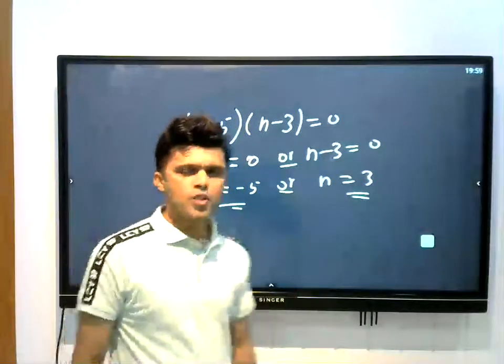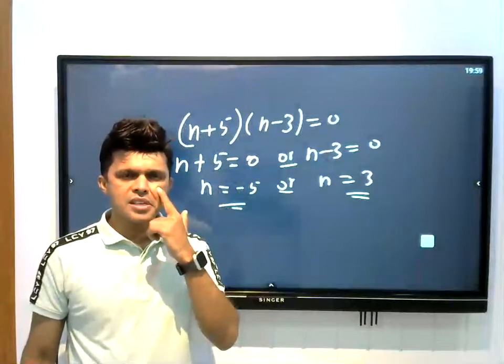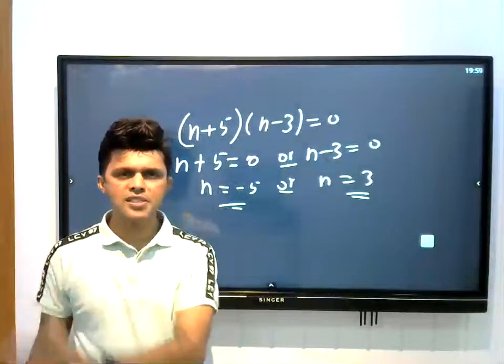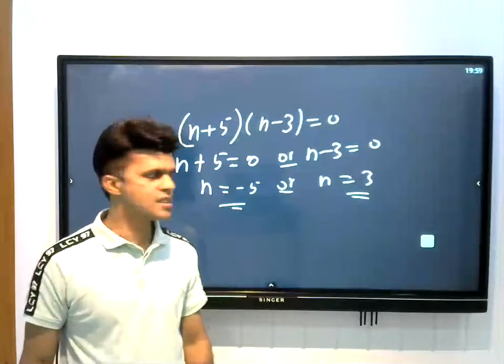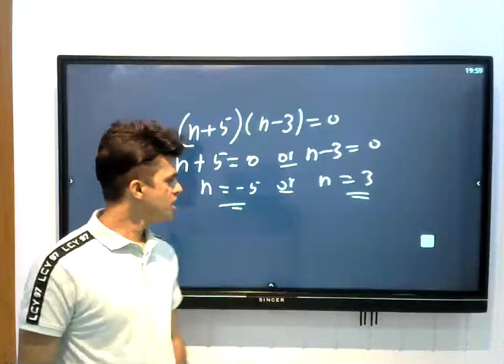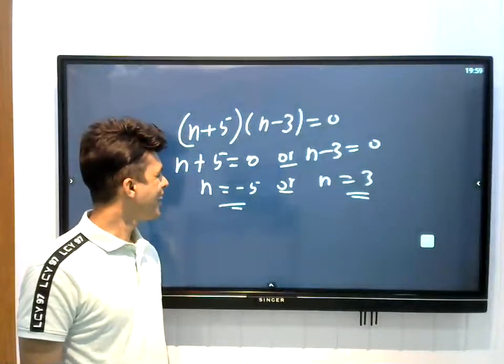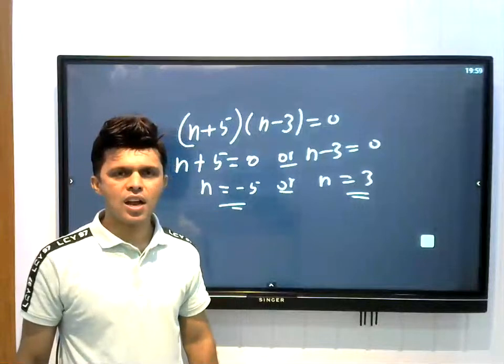As the value of n we do not consider the negative value, because we are talking about the number of terms, so we cannot get a negative value as the answer. We have to refuse the negative value.